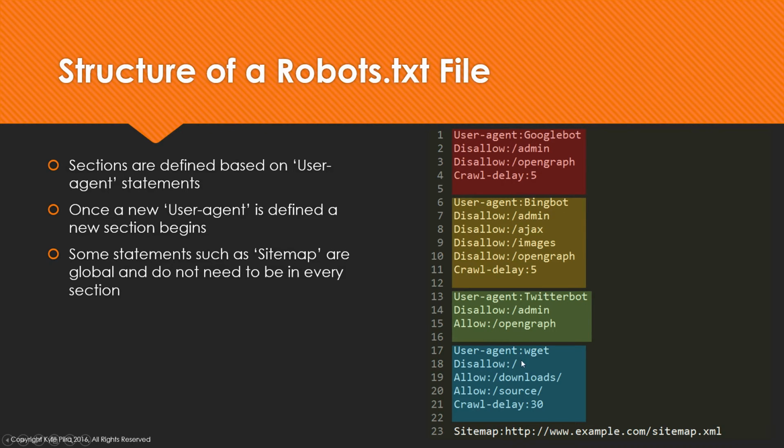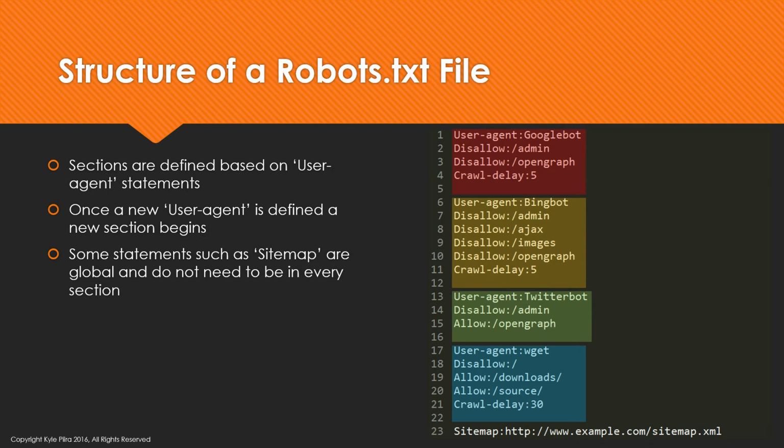And then finally down here we've got the Wget user agent, and we're just going to block that from the entire site, except we're going to allow it through the downloads directory and the source directory, and we set it to have a crawl delay of 30 seconds.